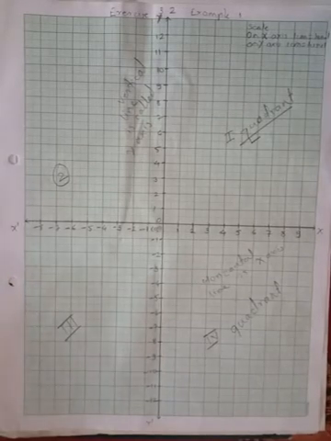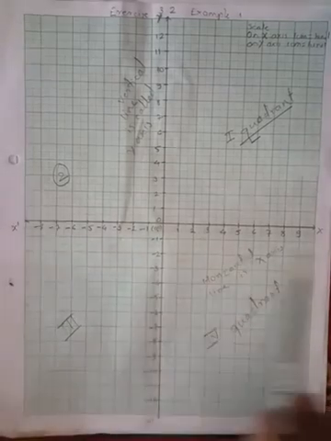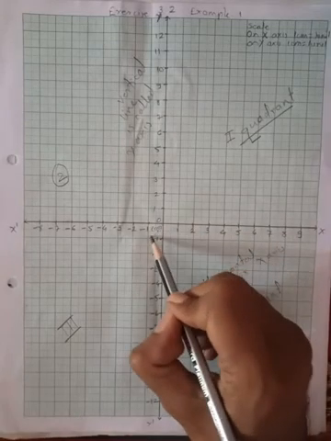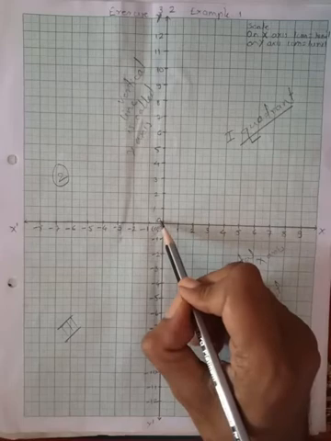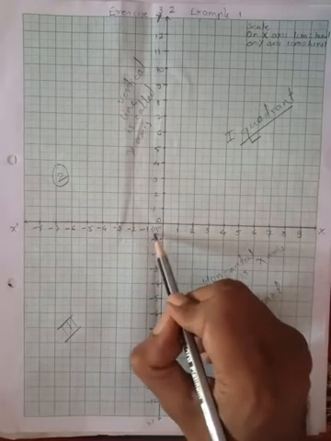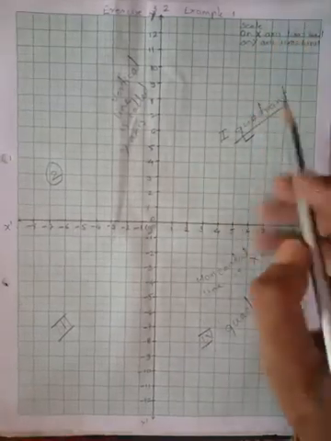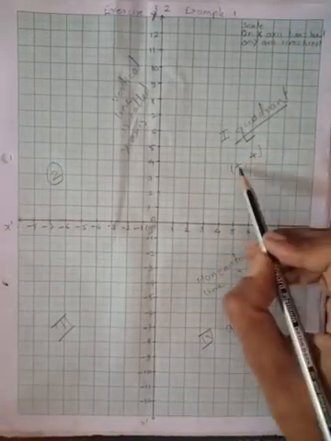Now third question is, write the name of the point where these two lines intersect. So this is x-axis, this is y-axis, and they intersect at point O, that is origin. So this point is called origin, and the coordinate of the point where two lines intersect is 0, 0. Please note, all the points in first quadrant will have x coordinate positive and y coordinate also positive.